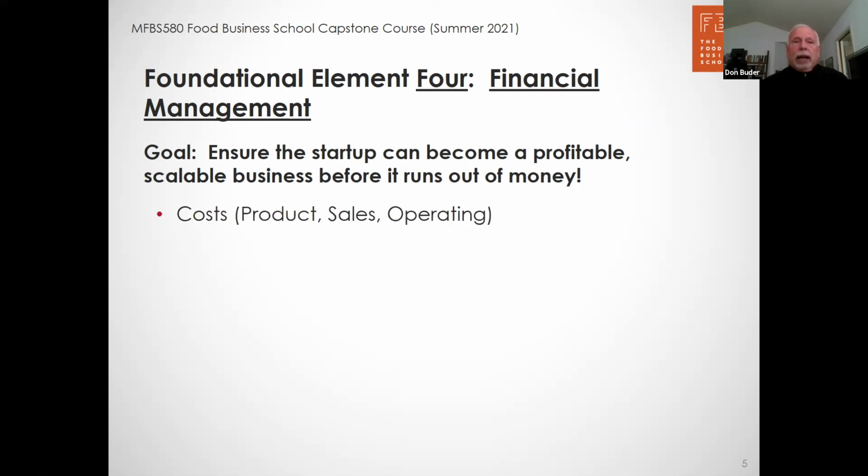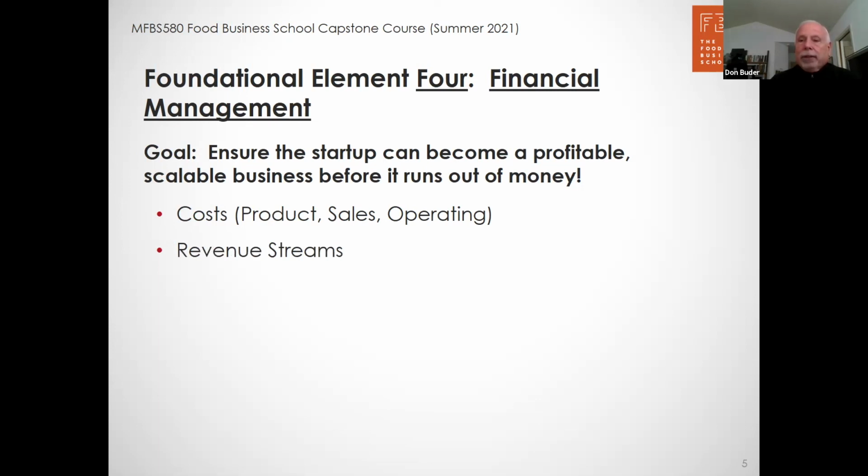So what are the key elements we're looking at here? In financial management, again, we have to understand the costs of the product, the cost of our sales process, the cost of operating the company. We need to always have a laser focus on those elements. We need to understand our revenue streams.